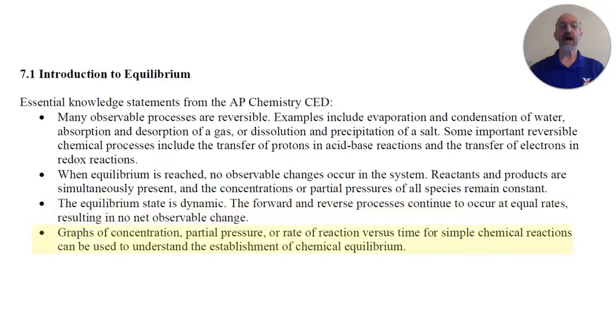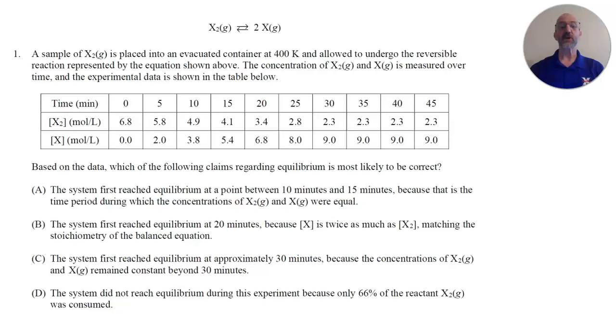And graphs of concentration, partial pressure, or rate of reaction versus time for simple chemical reactions can be used to understand the establishment of chemical equilibrium. Now let's move on to the practice for Topic 7.1. This is question 1.